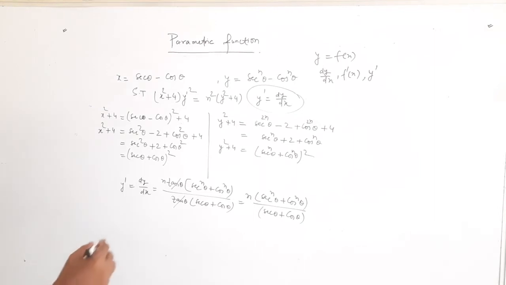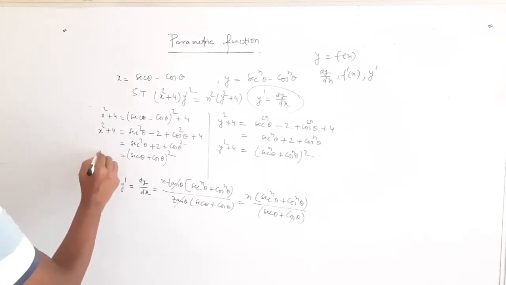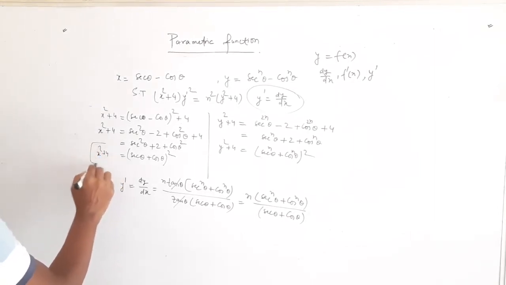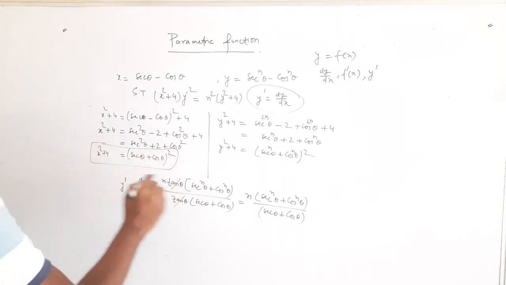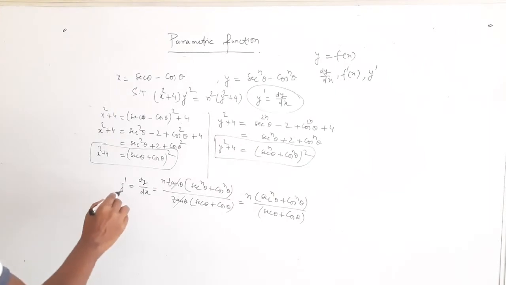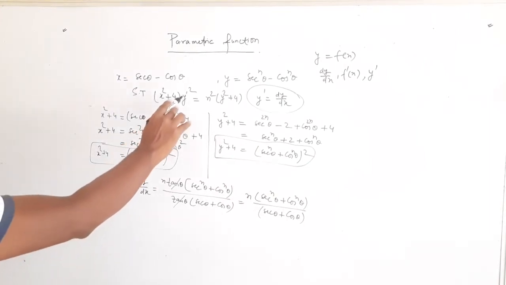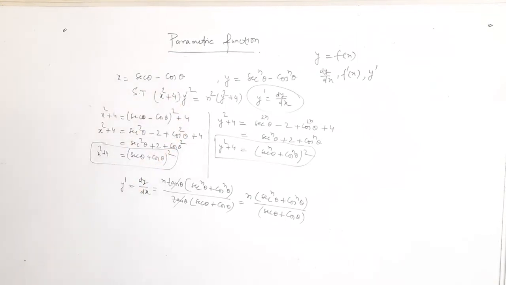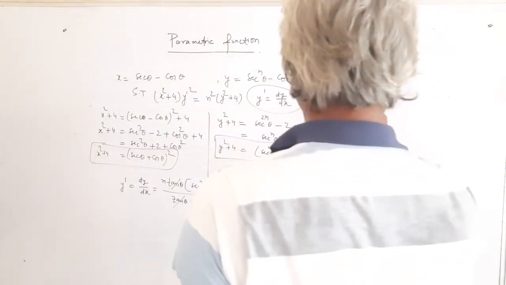Now you see, we have to pay attention. We have found x square plus 4, we have found y square plus 4, and we have found y dash. So if you just square this y dash, because we have y dash square, what do you get?